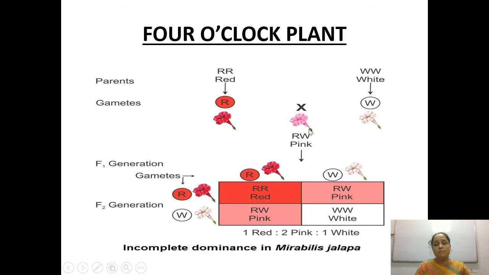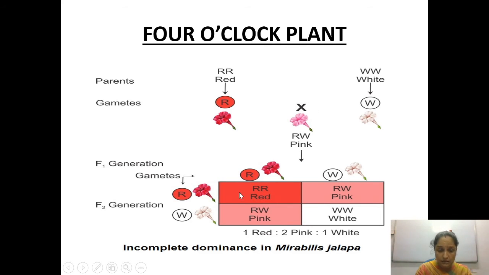So here there is a blending of character. The red is going to blend with the white, so the color is pink. So here none of the characters is showing its complete dominance over the other. That is the reason it is known as incomplete dominance.